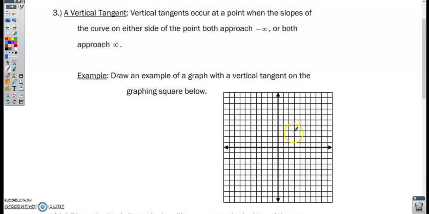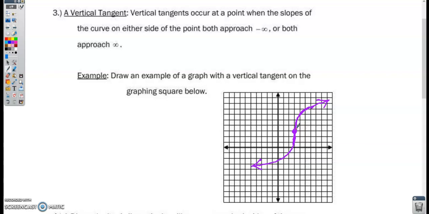This is not always easy to see on a graph. Let's do it at this point right here. From the left, the slope's going to approach +infinity, and from the right, it's going to approach +infinity. And so it might be a curve that looks like this. And right here, at x equals 3, for just an instant, the tangent line to that curve is vertical.